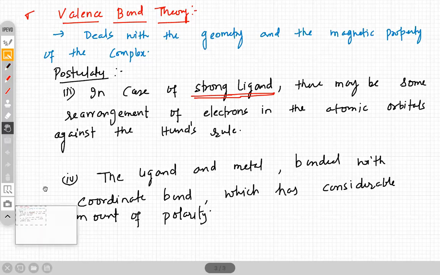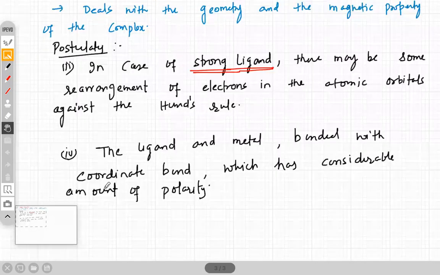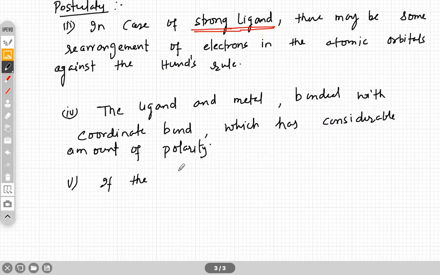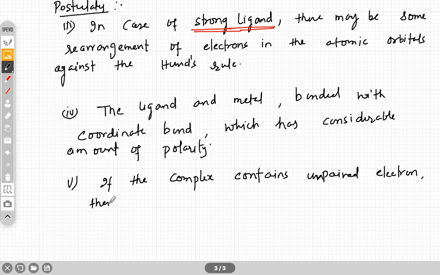Now the last point here is the same thing. If the complex contains unpaired electron, then it is paramagnetic, otherwise diamagnetic.